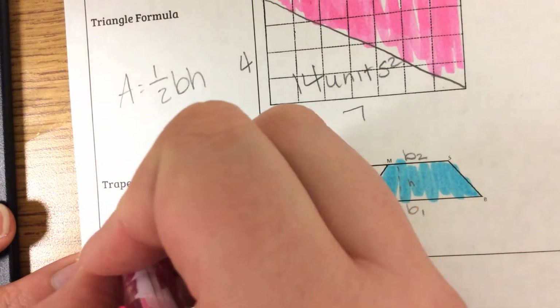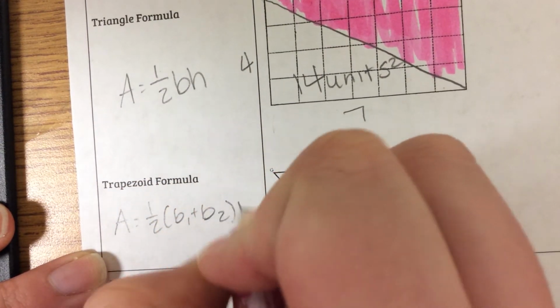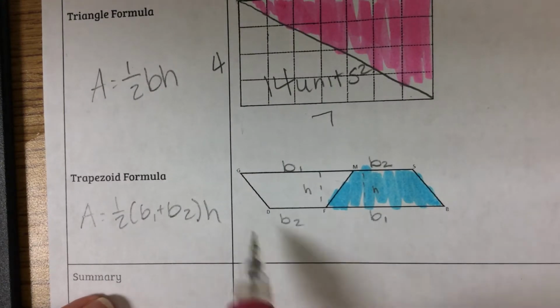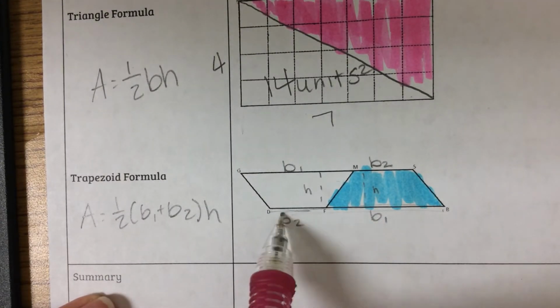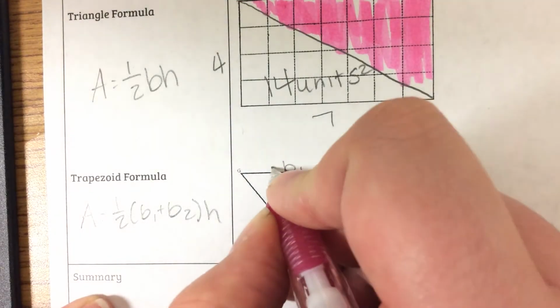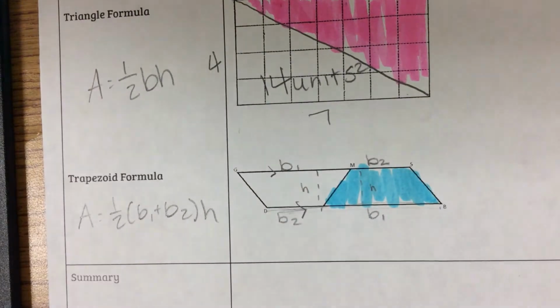So that is why the area of 1/2 base 1 plus base 2 times height ends up working, because if you were to add these two together, it would give you a full base. But that's why we have to add this and this, the ones that are parallel together, times the height, and then divide it by 2 to get the area of one trapezoid.